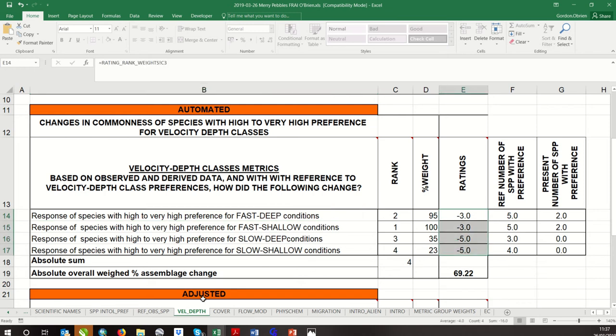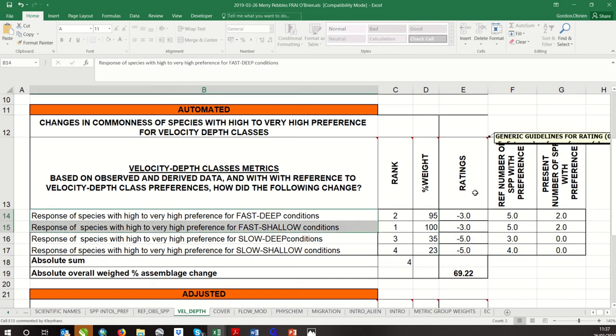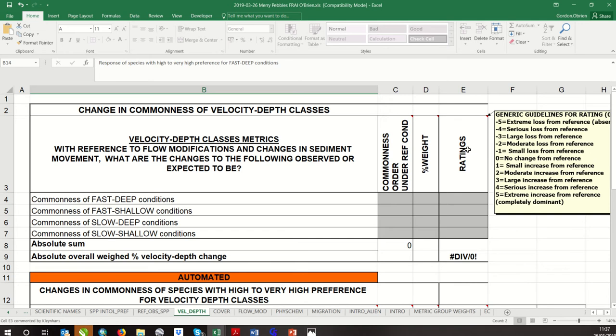Okay, so in the context of velocity depth, do you agree that there has been a major change? Let me just see if I can show you the ratings. So here are the ratings. The ratings go from -5, which is an extreme loss from reference, to +5, which is an extreme increase from reference.